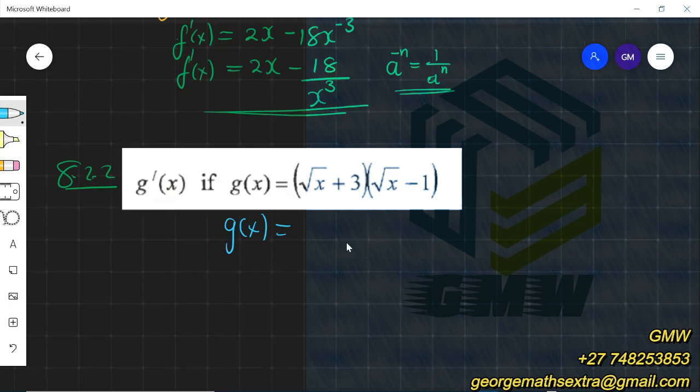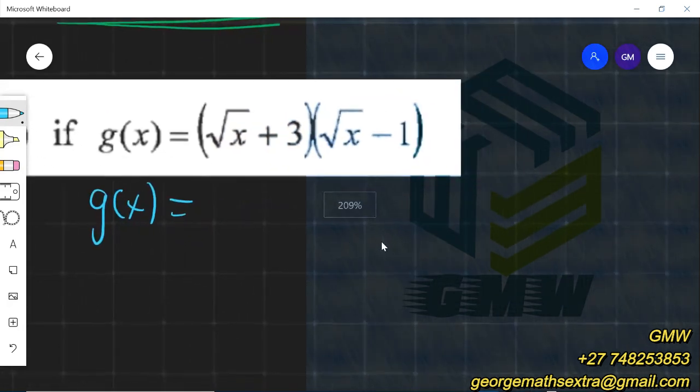So before we fry this, let's marinate it. What do we do? Root x times root x, what do you get? x. Then give me the expansion.